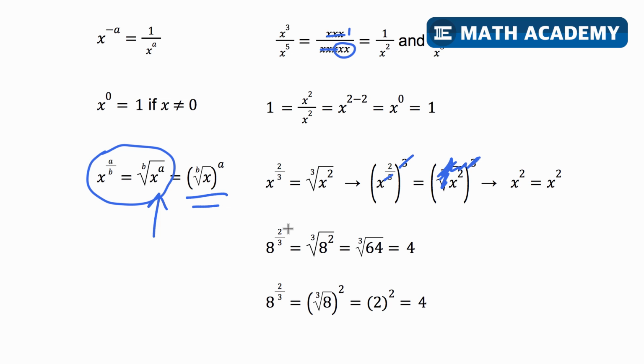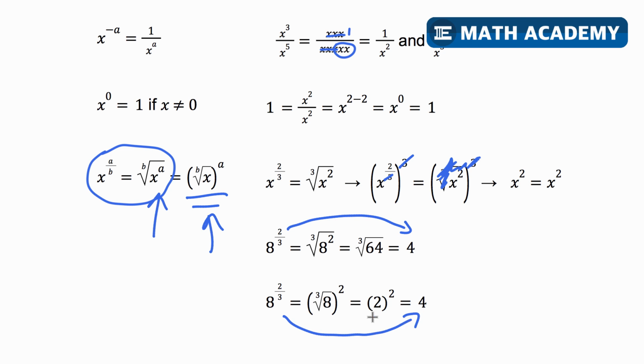So this equals 4. Looking at this expression here and rewriting 8 to the 2 over 3 this way, I get the third root of 8 raised to the power of 2. The third root of 8 is 2, and 2 to the power of 2 equals 4. So in both cases, we'd end up with the same thing.